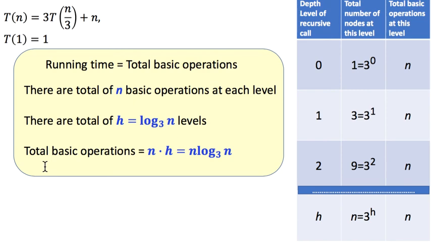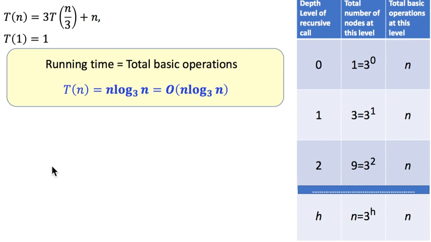That means the total basic operations performed during the execution of this algorithm is equal to the product of the number of basic operations per level and the total number of levels. That means it is equal to n log base 3 of n. The running time is equal to n log base 3 of n, which can be expressed as big O of n log n.